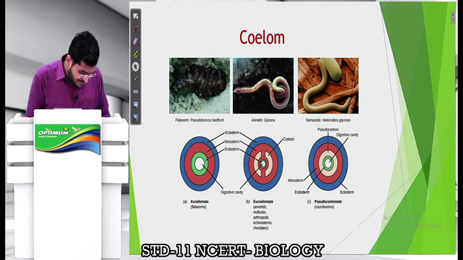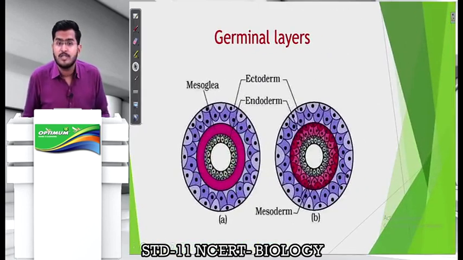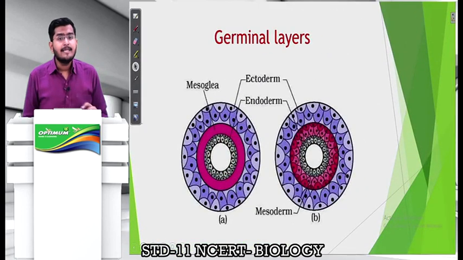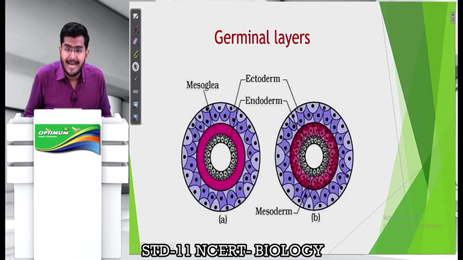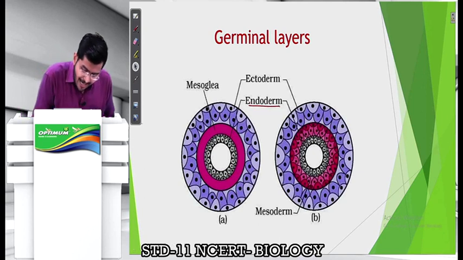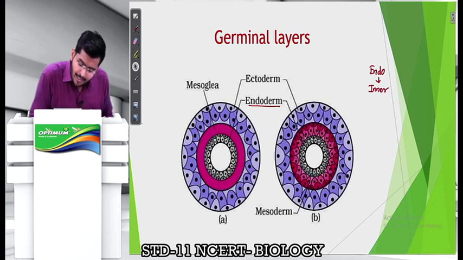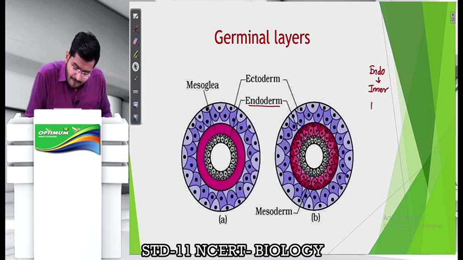Now we are going to the next criteria of classification, which is germinal layers. Let me tell you that there are three germinal layers when you talk about humans. Yes, we have an inner germinal layer which is called endoderm. You can see here, endo stands for inside. Then we have a middle germinal layer which is called mesoderm.